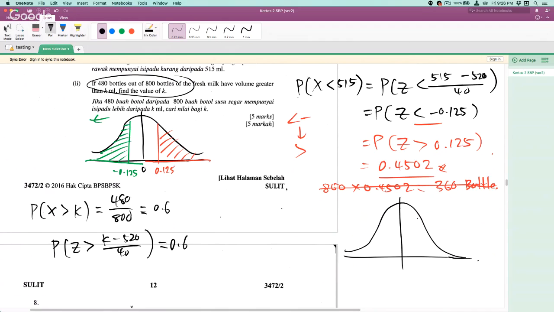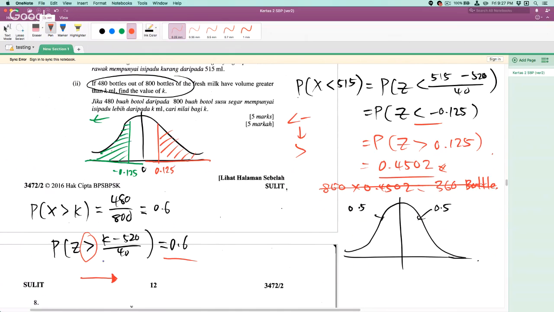This means my right hand side is 0.5 and left hand side is 0.5; the total area here is 0.5, and the total area here is another 0.5. First I will see the symbol. It's bigger, which means I have to shade toward this direction. Then second, I will see the probability, 0.6.